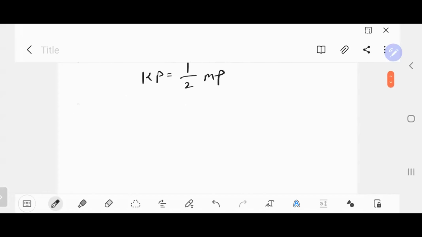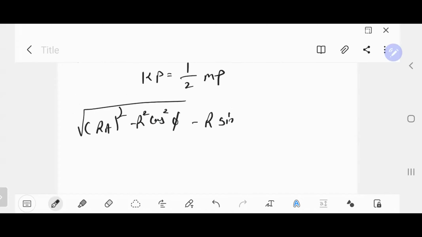You have the equation of the length of the path of approach: under root of Ra square minus R square cos square phi, minus R sine phi, that is equal to R sine phi by 2.